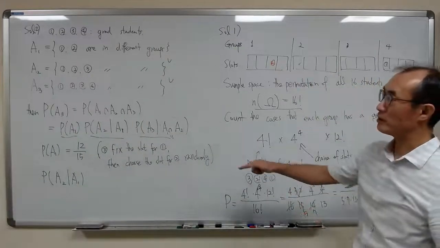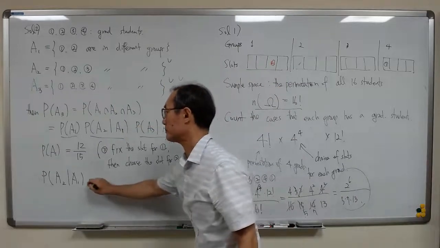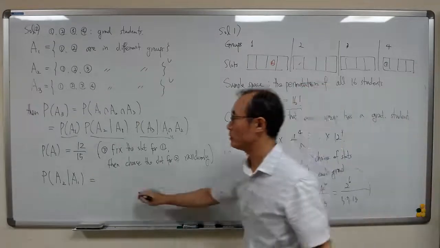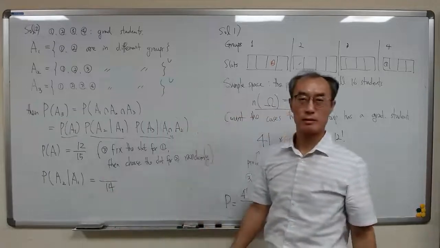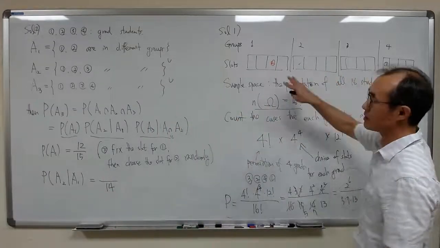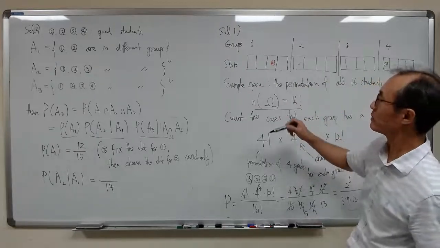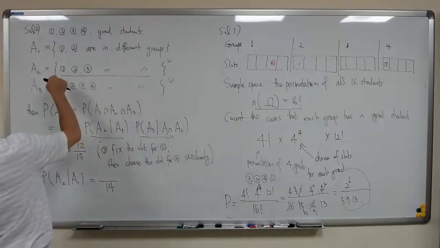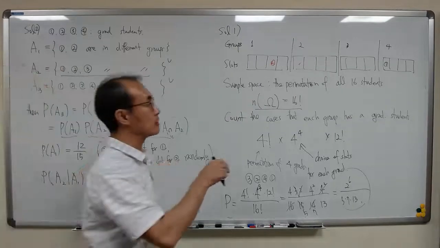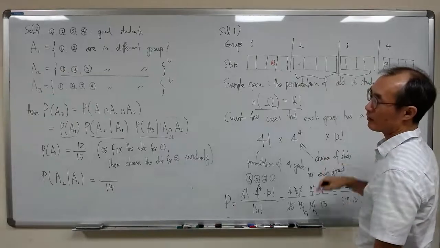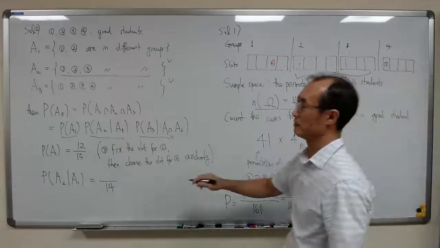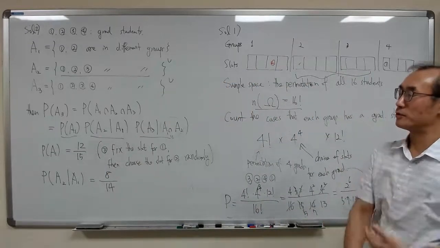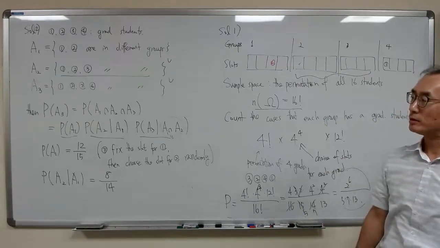The random choice for the slot for graduate student number 3 is now among 14 possible empty slots. However, the valid slots to satisfy the condition that students number 1, 2, 3 are located in different groups are those 8 slots. So we have 8 slots for graduate student number 3 out of 14 available slots.